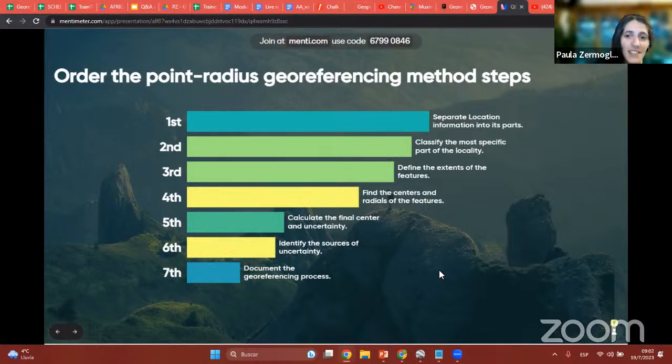So far, it has changed a bit. The only thing that I haven't seen changing is the seventh place, the last step here.